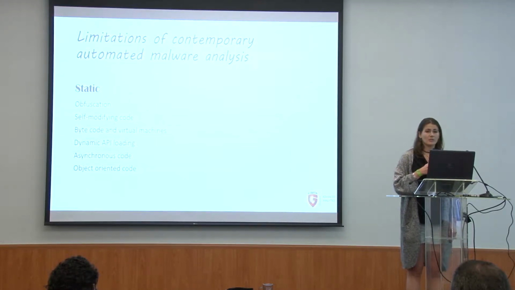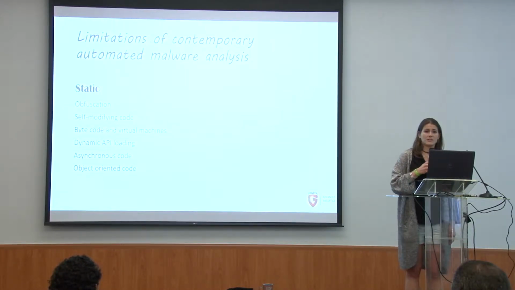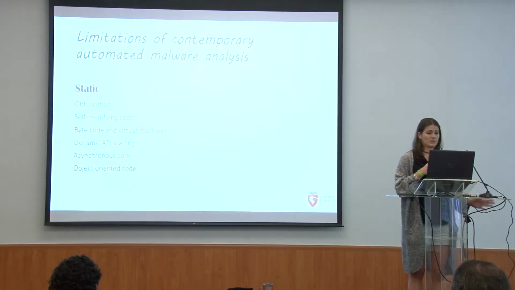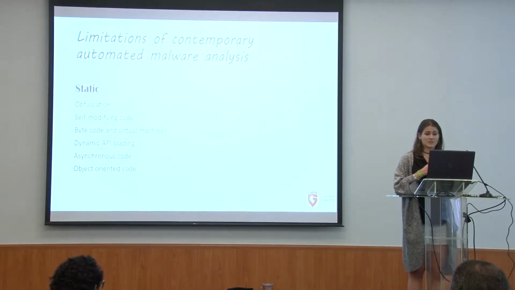We have dynamic API loading, which hides the APIs the malicious binary would use and hides its functionality from a static perspective. We have asynchronous code, which statically is usually difficult to put in context without executing the binary. And we have object-oriented code, which by its nature is hard to analyze.